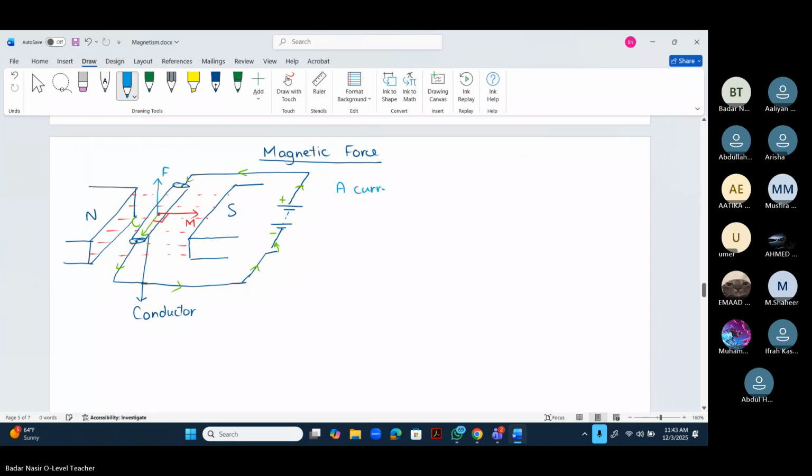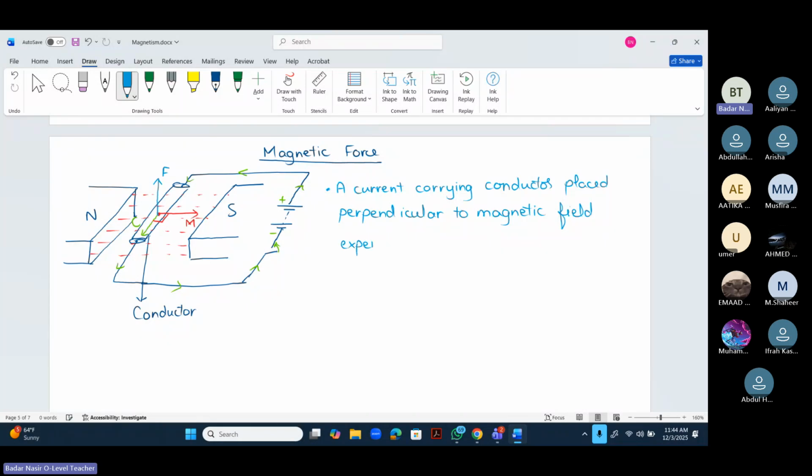A current carrying conductor placed perpendicular to magnetic field experiences a magnetic force. ठीक है?